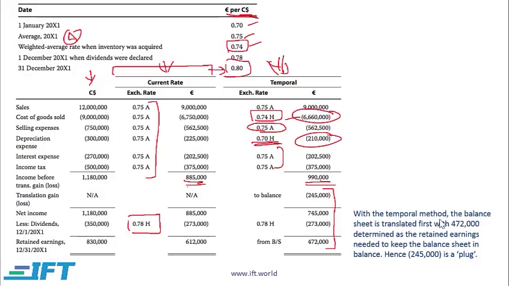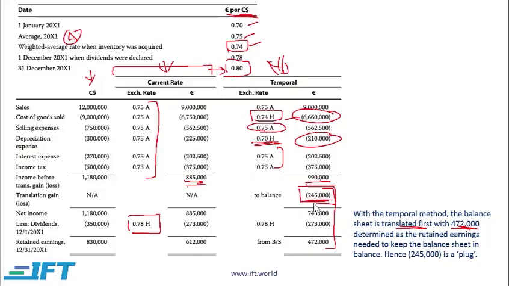With the temporal method, the balance sheet needs to be translated first because we need to look at the revised value of the monetary assets and liabilities. By revised, I mean the value based on the current exchange rate. Based on that, we will come up with a value for retained earnings, and then we can work backwards to figure out the number for the translation gain or loss.